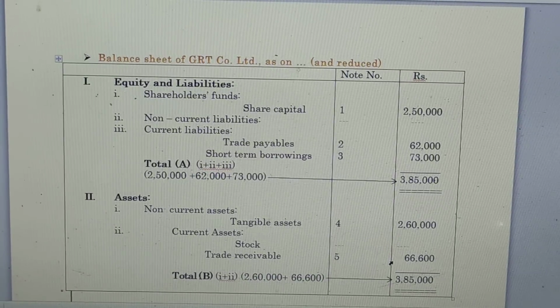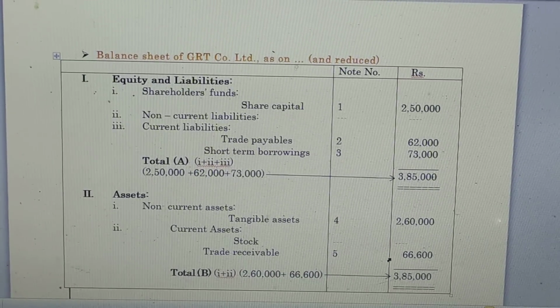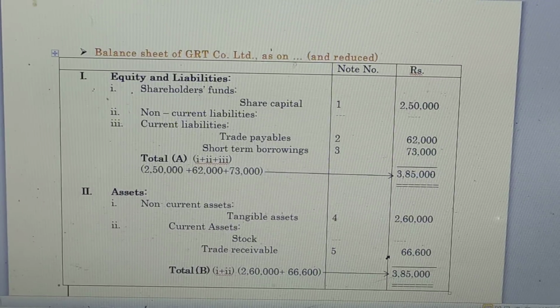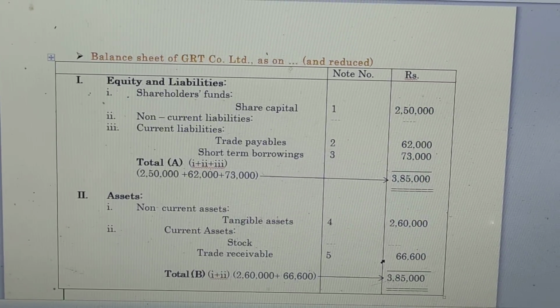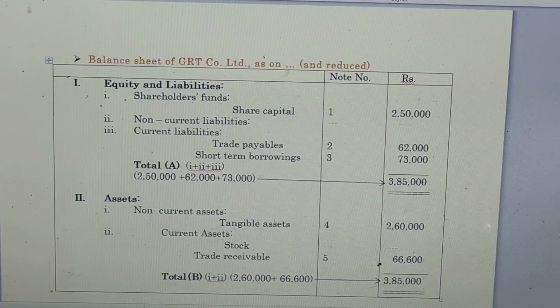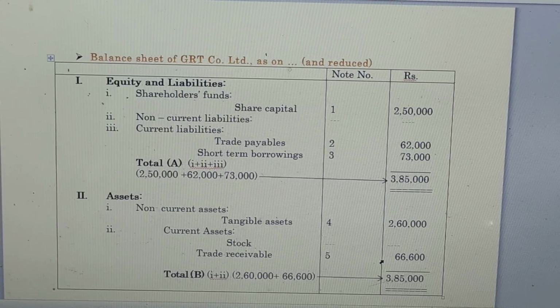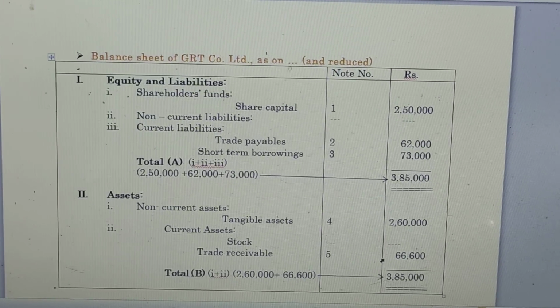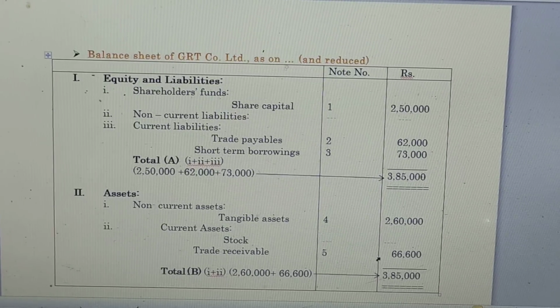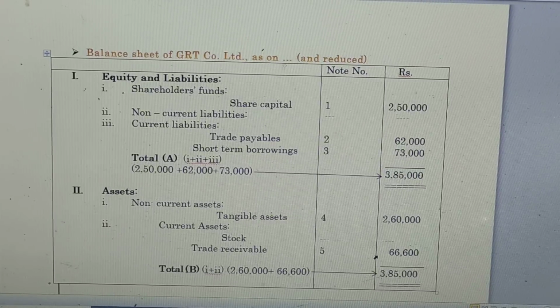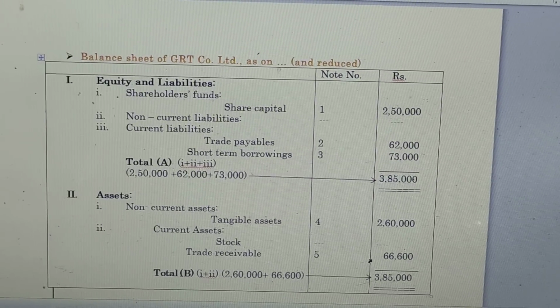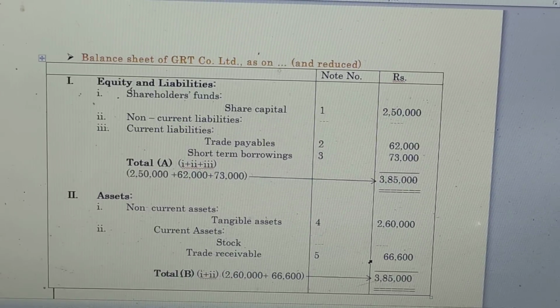And non-current liabilities have no value. That is nil. And under the current liabilities, we have to mention trade payable. That is note number 2's heading, and 2 will be mentioned in the note number column. And the note number 2 total is 62,000, which we have to mention in the rupees column.